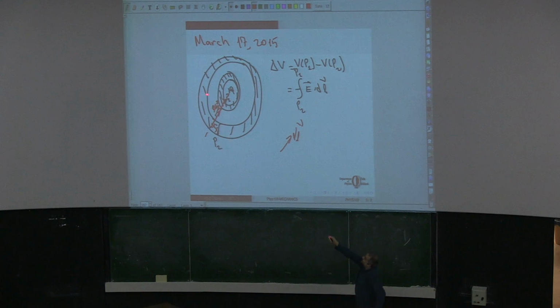The electric field within the conductor is 0. So the integral receives only contribution as we go from this point to this final point, and it doesn't receive any other contribution from anywhere else. So we should only consider the contribution to this integral along this segment, which is out of the conductor.